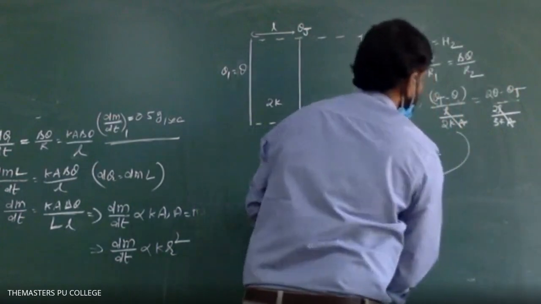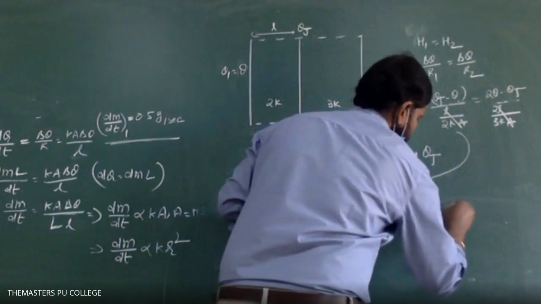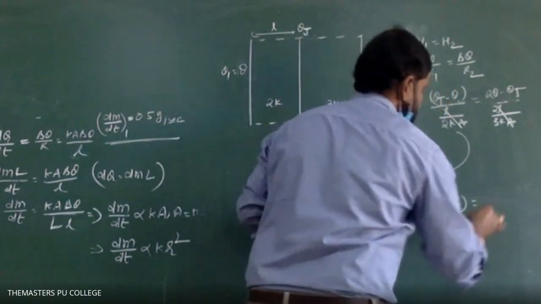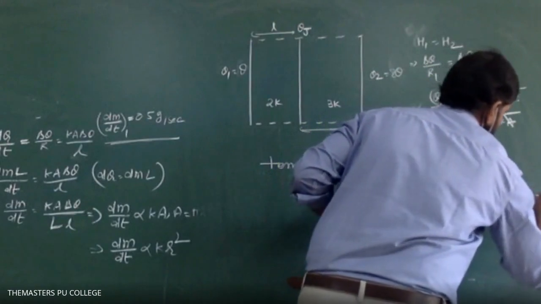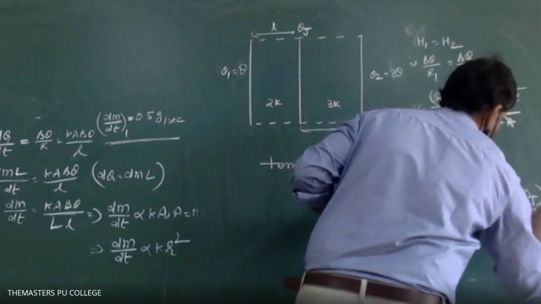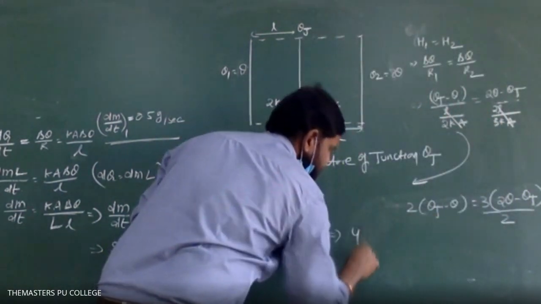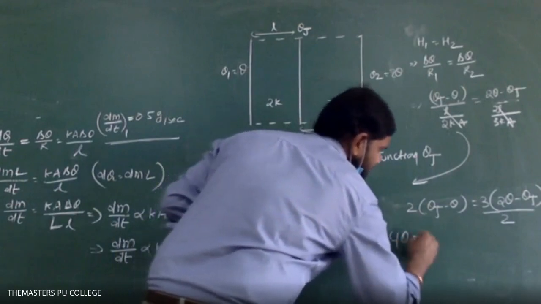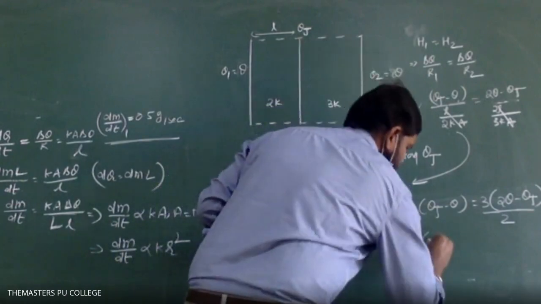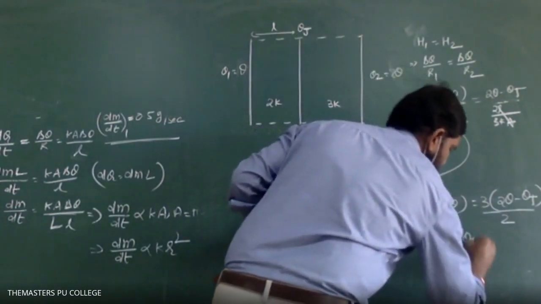Now 2 of theta j minus theta equals 3 of 2 theta minus theta j divided by 2. The 2 twos we can write as 4. So 4 theta j minus 4 theta equals 6 theta minus 3 theta j.